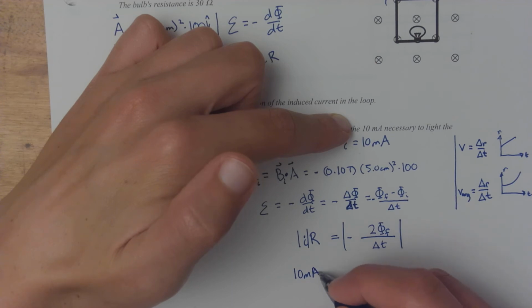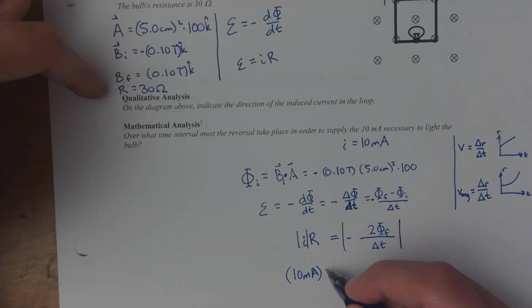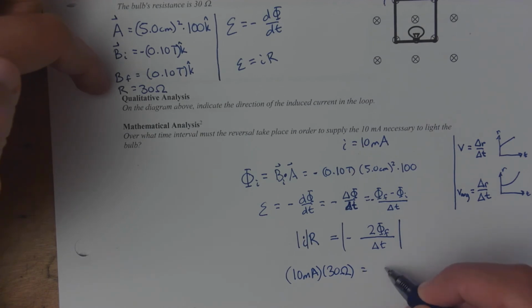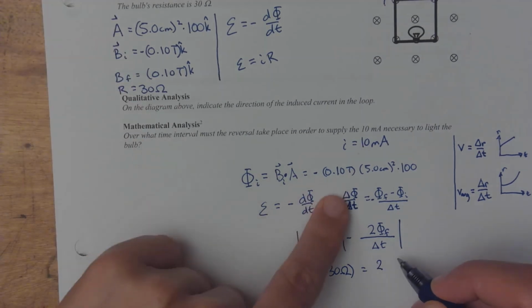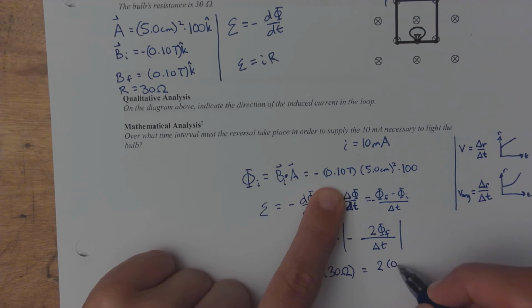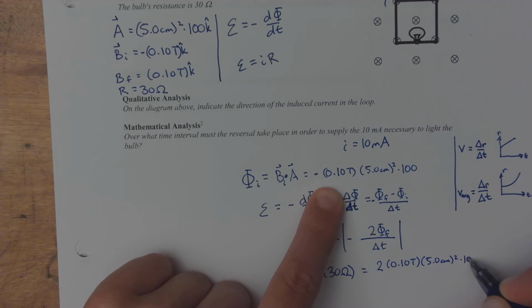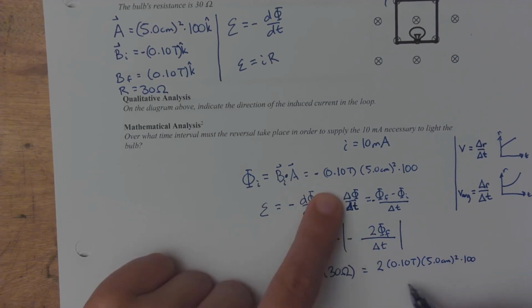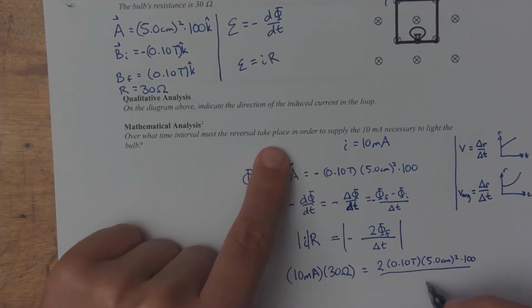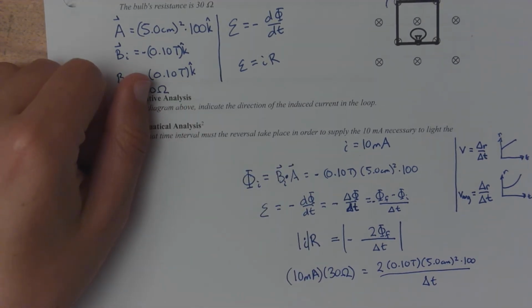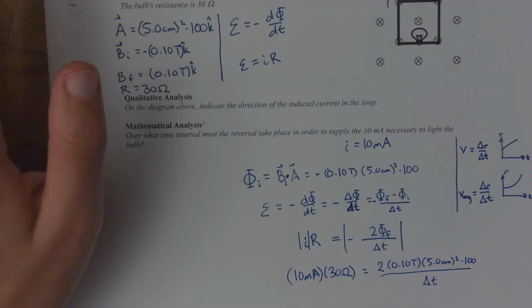So I have 10 milliamps times the resistance of the resistor, which is 30 ohms, is equal to twice the final flux, which would be 0.10 teslas, times 5 centimeters, which you need to convert to meters, times 100, divided by delta T. And you're going to solve for delta T, and you can take a moment to try and do that.